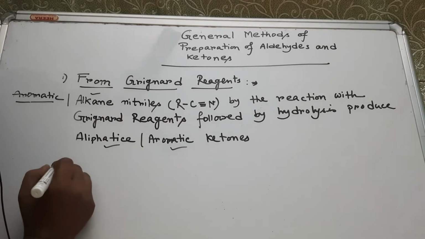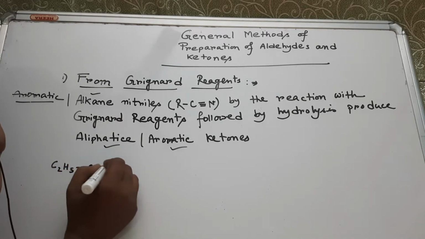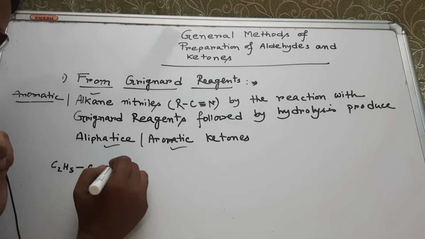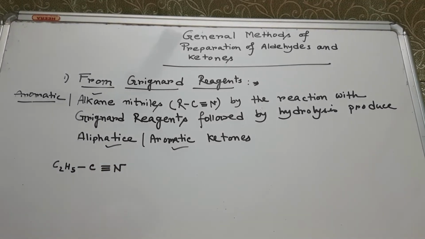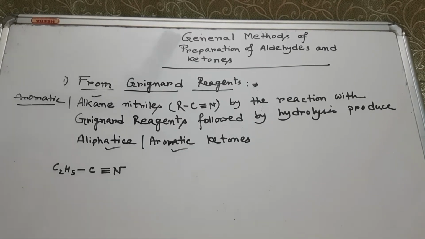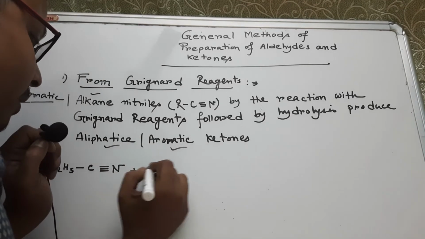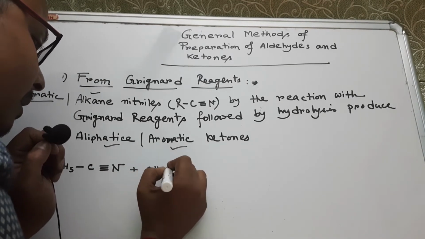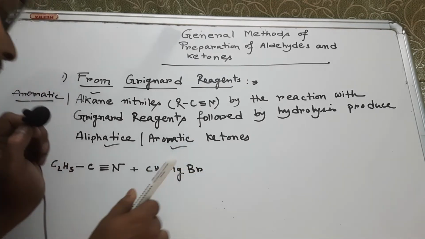That is C2H5CN. So what is the name? This is a nitrile. Okay, so C2H5CN, if it reacts with CH3MgBr, this is a kind of Grignard reagent.